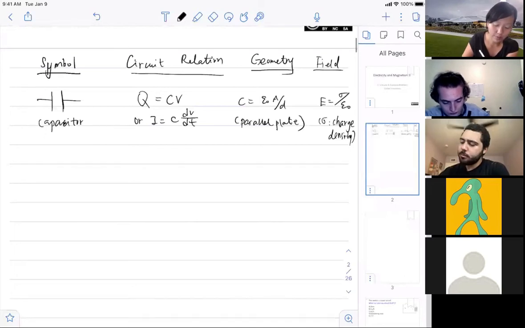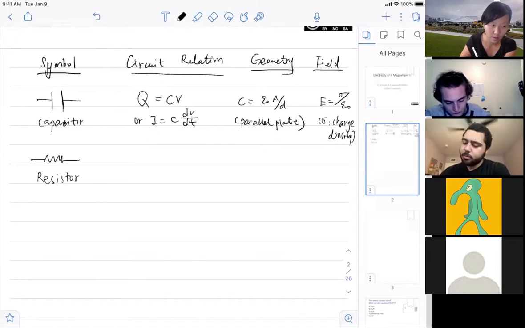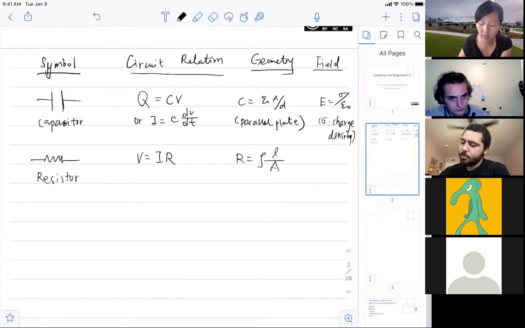Now sometimes we have this. What is this? This is a resistor. Voltage and current follow Ohm's law. If you have an ohmic material, which means it's homogeneous, the resistance is rho, the resistivity, times the length over the area of the resistor, if it's a uniform rod with uniform resistivity.